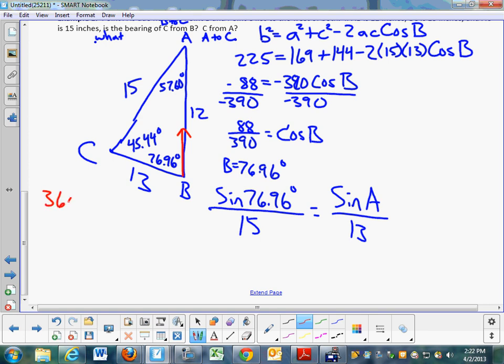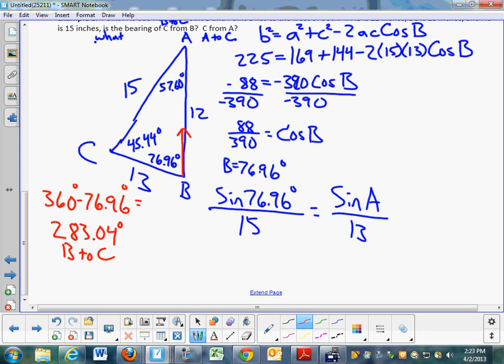So if I just take 360 minus 76.96, what does that give you? So the bearing from B to C is 283.04 degrees. You guys told me it was somewhere between 270 and 360, right? Well, we figured how much it was. We just subtracted our 76.96 off of that 360. That's all there is to it. Piece of cake.